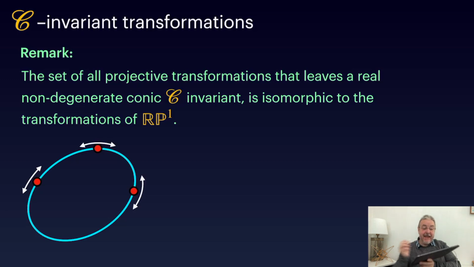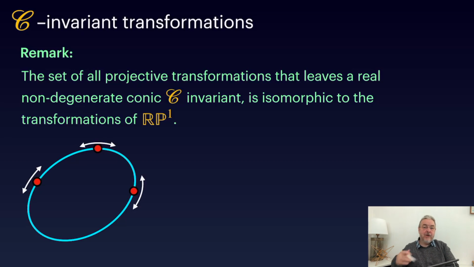But if we take that as a fact, then we see that the projective transformations are already determined by the images of 3 points, and by that they behave exactly as projective transformations on a projective line should do.